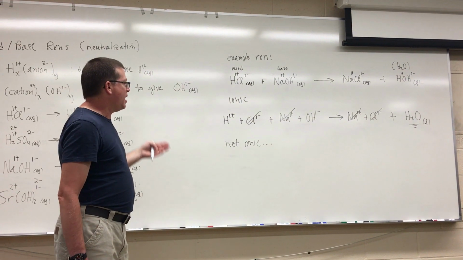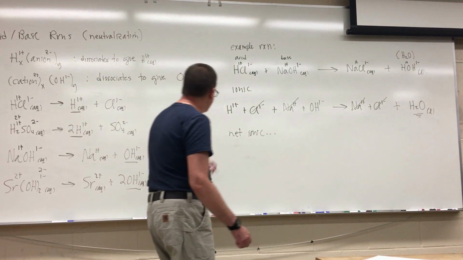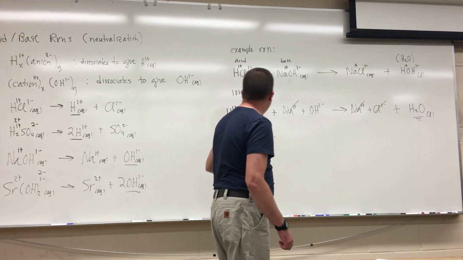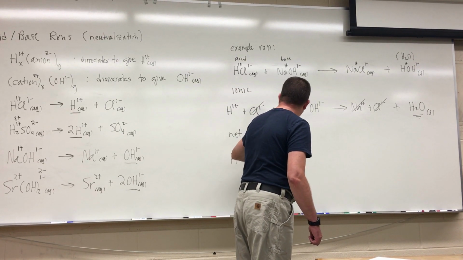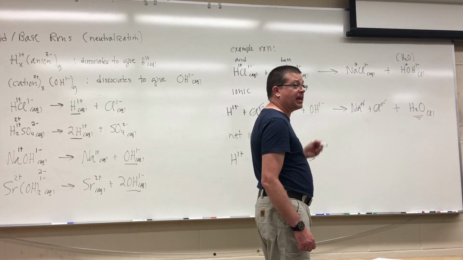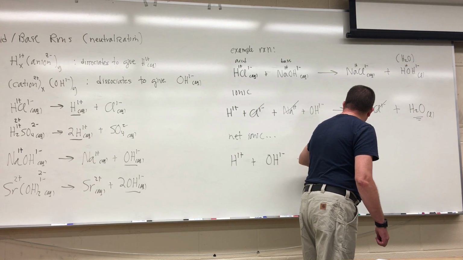Okay, so now, for my net ionic, I'm going to put the two ions together to form the water. So I have an H1 plus aqueous, coupled together with hydroxide ion, OH1 minus. And when I put it all together, I'm going to get my H2O. That's my water. All right?